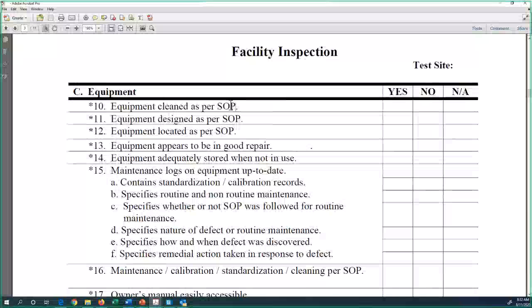So if it is a major piece, you do need to show people you have an SOP, and you need to put down how you clean it. Okay, who is doing the maintenance, who is controlling. So for every single piece, there is a responsible person. Okay, and the location should be a specific place.